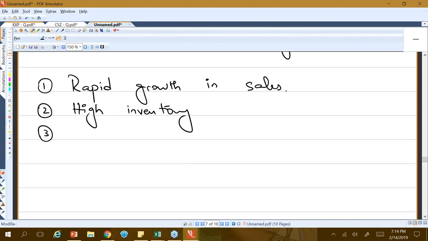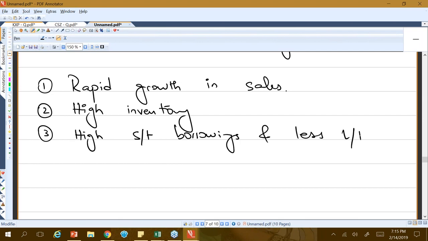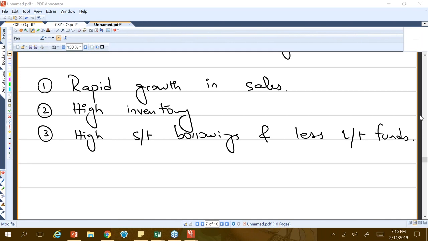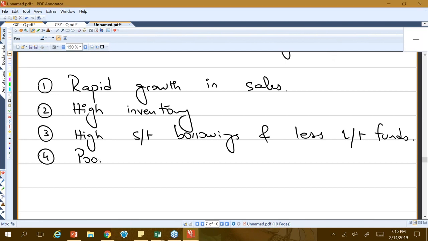Number three, you have high short-term borrowings and less long-term borrowings or less long-term funds. Four, you have a poor current ratio and quick ratio.